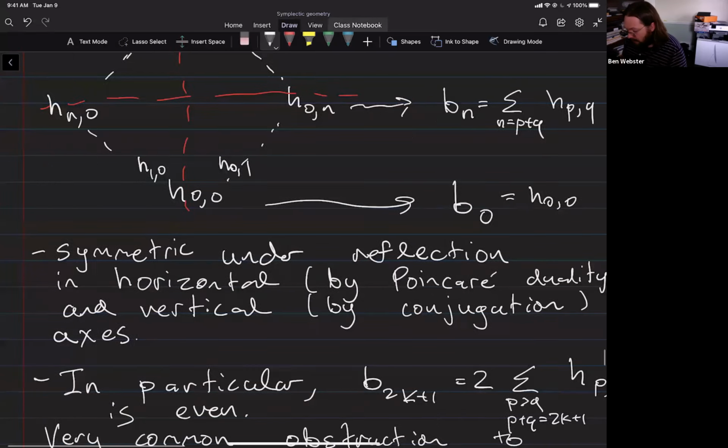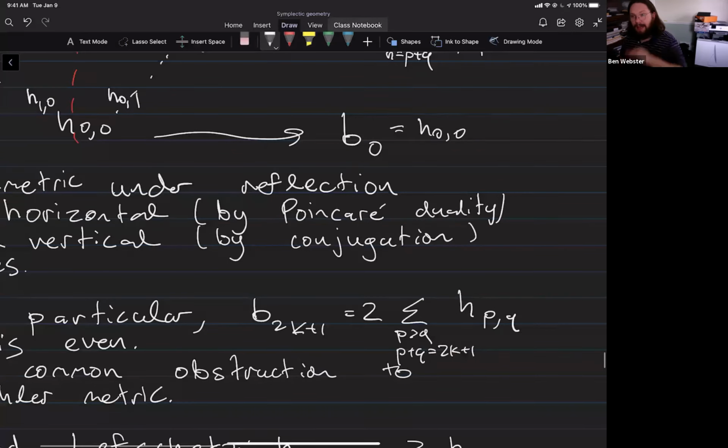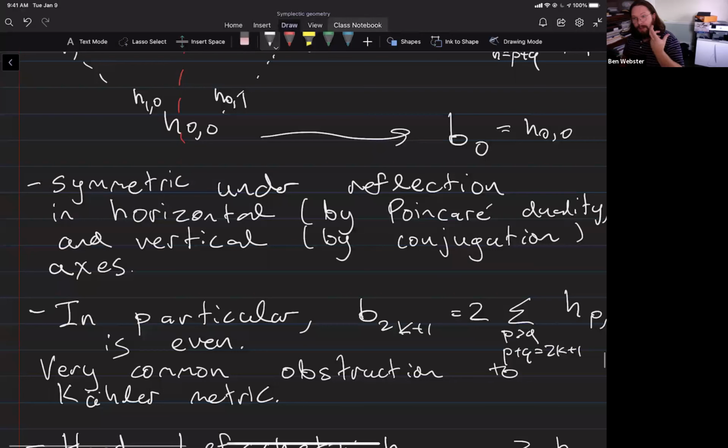So I can write this Betti number as 2 times the sum of these Hodge numbers where p is bigger than q. It's also 2 times the sum of the Hodge numbers where q is bigger than p. And this is a really useful obstruction to having a Kähler metric. So if you have an odd-index Betti number which is odd, then you don't have a Kähler metric.